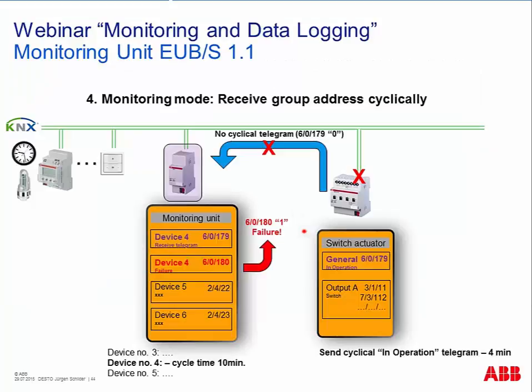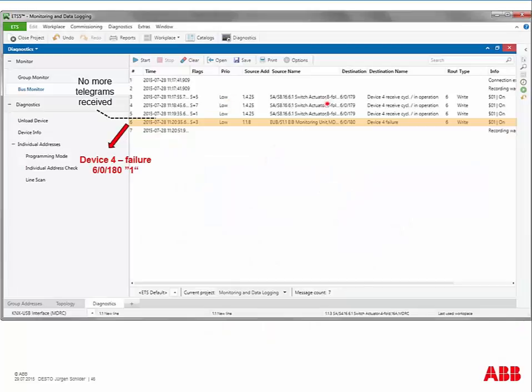And of course, again, if there's a failure, then we have the situation that after not receiving any telegram anymore, the EUBS has to send out the failure group telegram, shown here again in our telegram recording. So anytime there is no cyclical sending anymore, our EUBS reacts and sends out our failure group telegram.